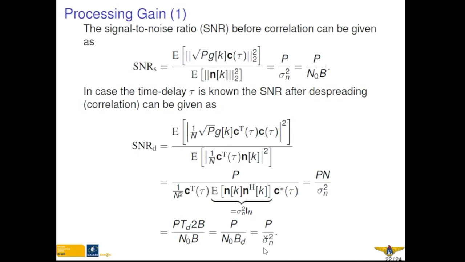Yeah, we can also calculate this. This is what's called the processing gain. So we have the two parameters, the processing gain and also the spreading factor.